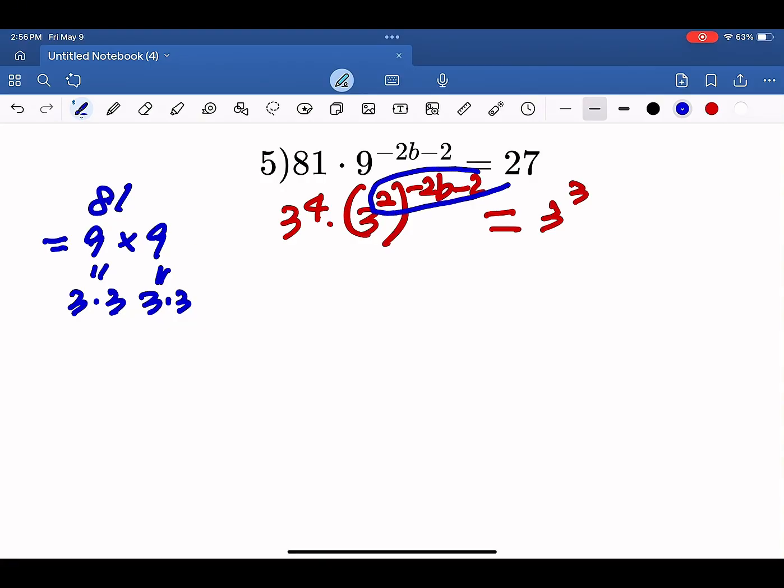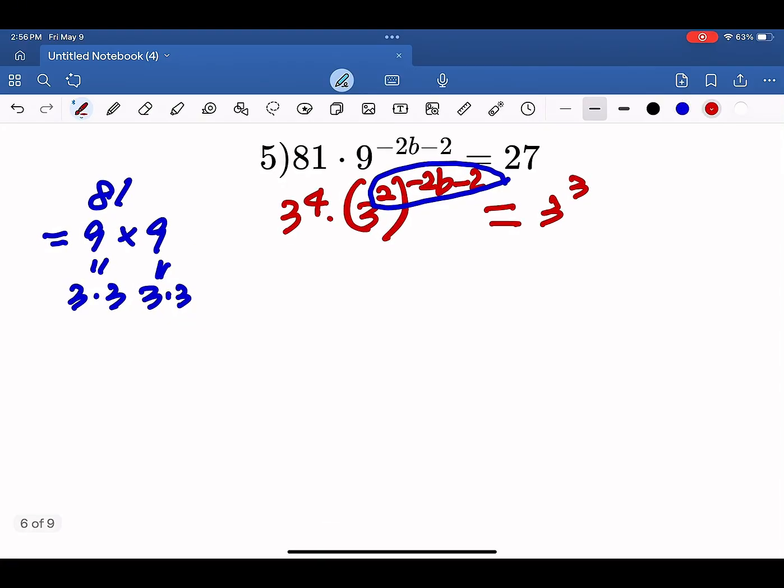Same thing, we multiply 2 times negative 2b minus 2. So 3 to the 4th power and 3 to the negative 4b minus 4 equals 3 cubed.